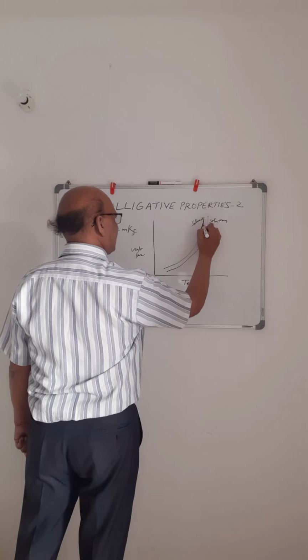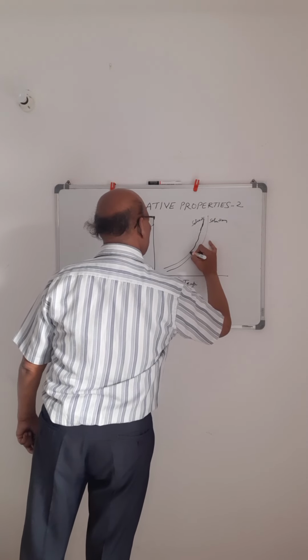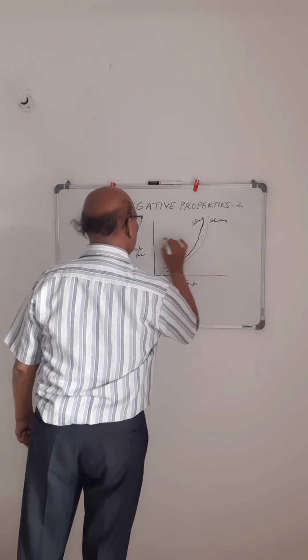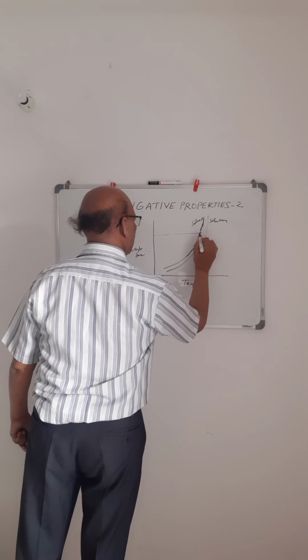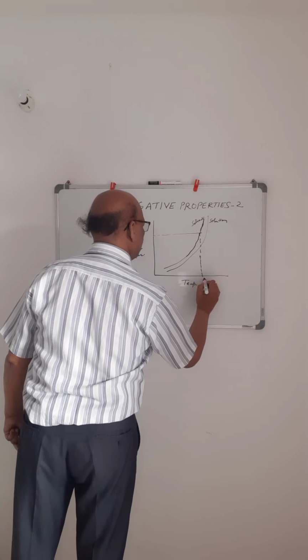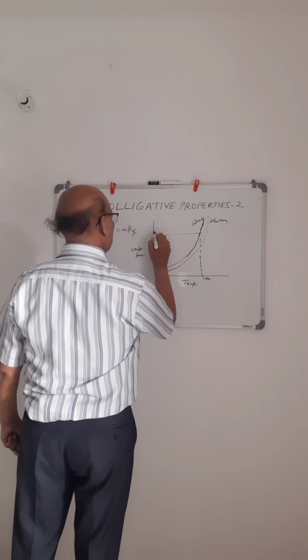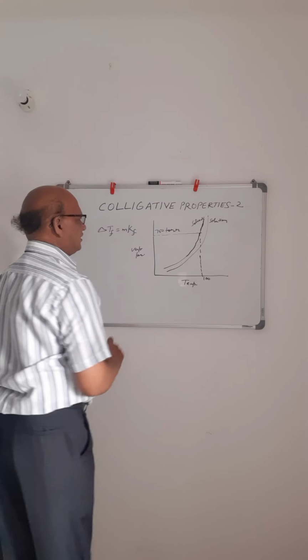So when I am cooling this solvent, its temperature is getting reduced. So this was, say, 100 degrees Celsius here. Let us take the case of water, which is 100 degrees Celsius at 760 torr pressure.